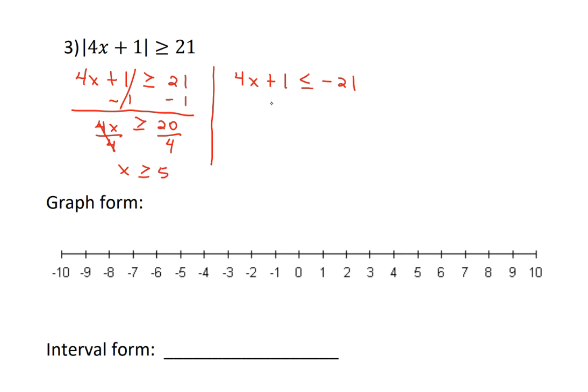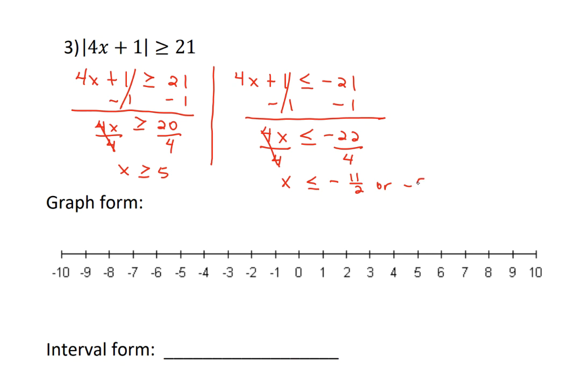For the other inequality, I'm going to subtract 1 from both sides, and I get 4x is less than or equal to -22. Divide by 4, and x is less than or equal to -11/2, or we could say -5.5.